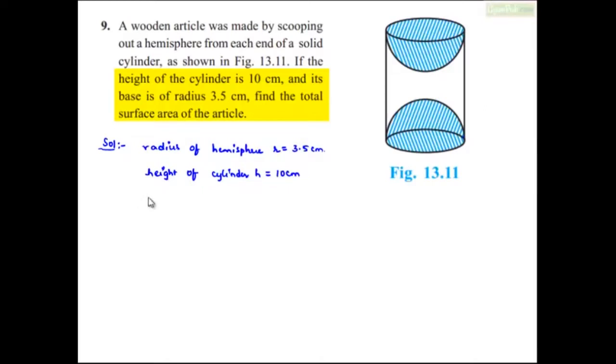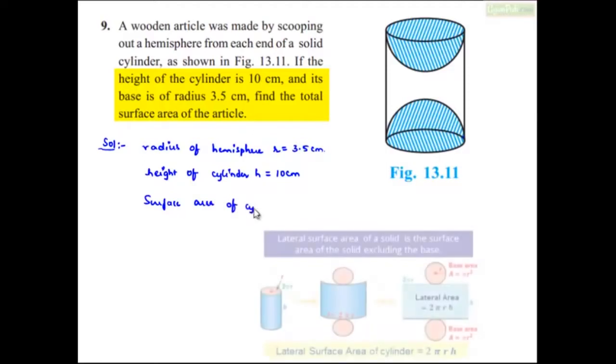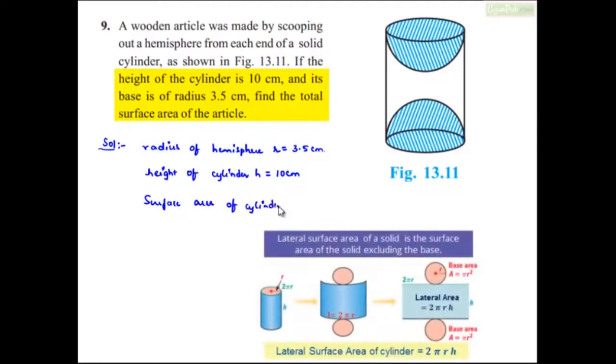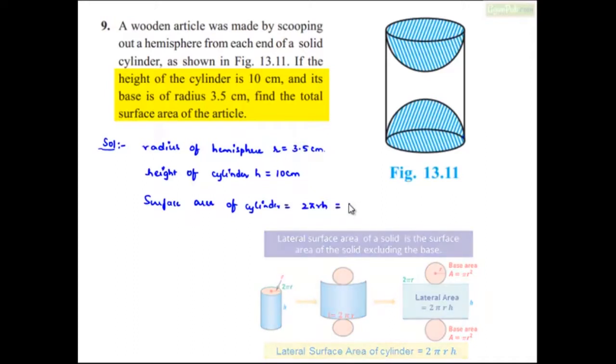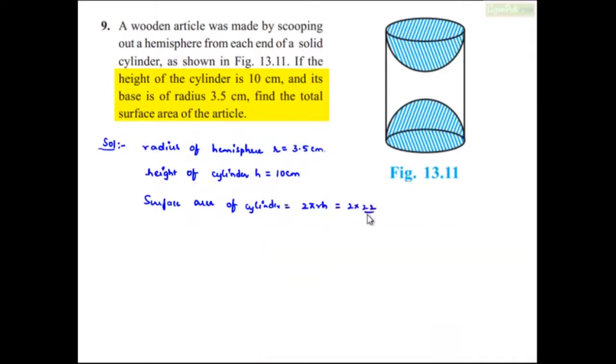Now the surface area of the cylinder is equal to 2 pi RH, that is equal to 2 times 22 by 7 times 3.5 times 10. Here 3.5 goes in 7 2 times and 2 goes into 2 1 time, that is equal to 22 times 10, which is 220 centimeter square.